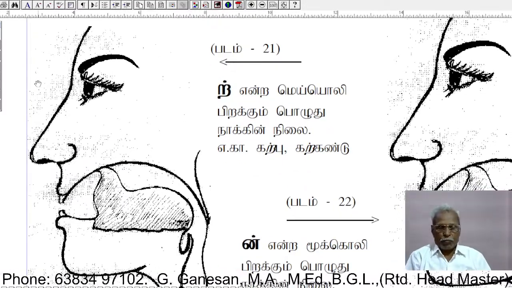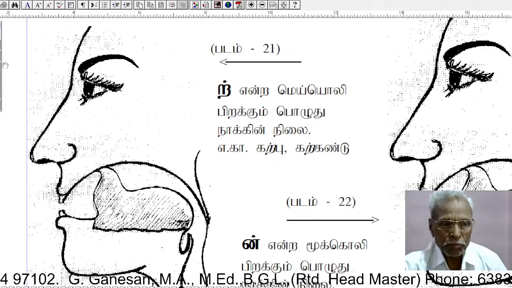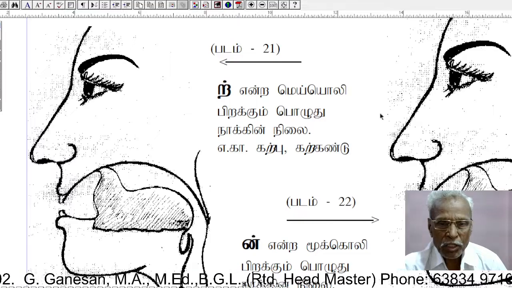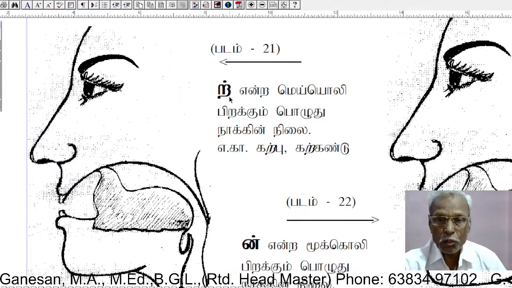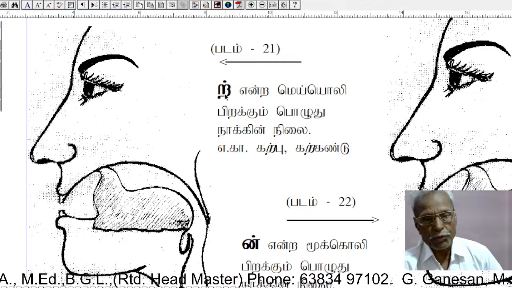First of all, let us see how the consonant Tamil phoneme ir is produced.